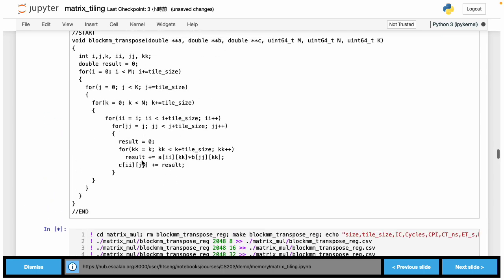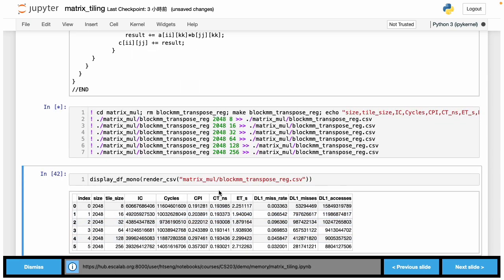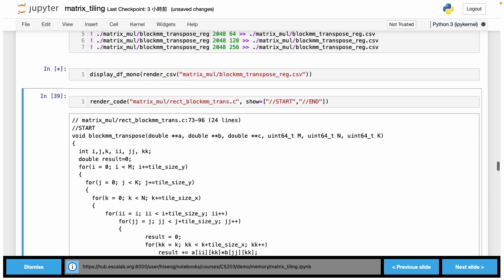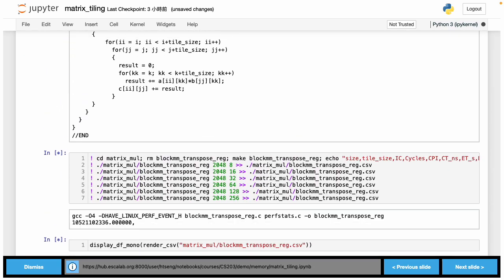So I did create a new variable here. And then let's take a look to see what the result was. What's the result going to be? So now I'm running it again with multiple different block sizes, or tile sizes.